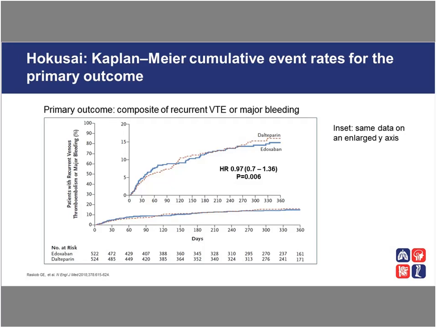Specifically, the hazard ratio was 0.97 with a confidence interval around 0.7 to 1.36. And so edoxaban was non-inferior to dalteparin when it came to the primary outcome, which was the composite of either a recurrence or major bleeding.